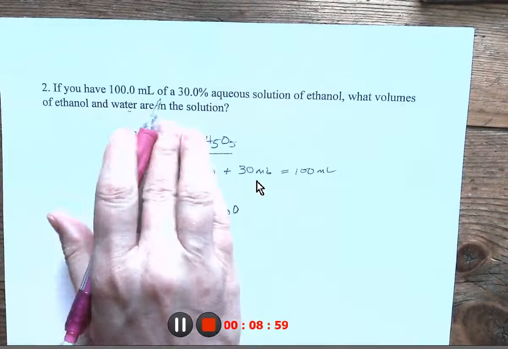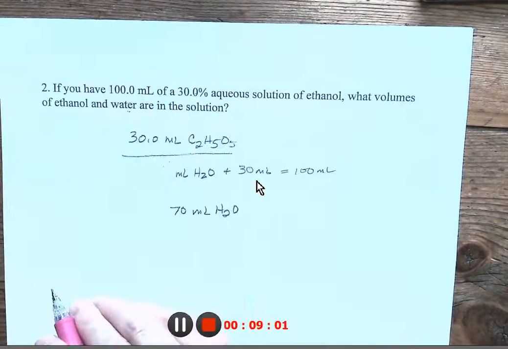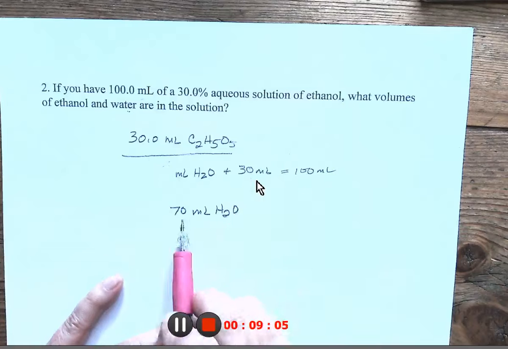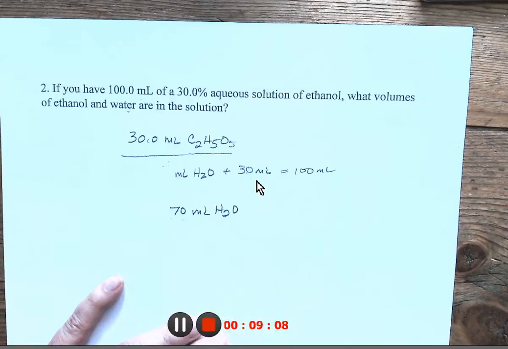So it's 30 milliliters of ethanol dissolved in 70 milliliters of water.